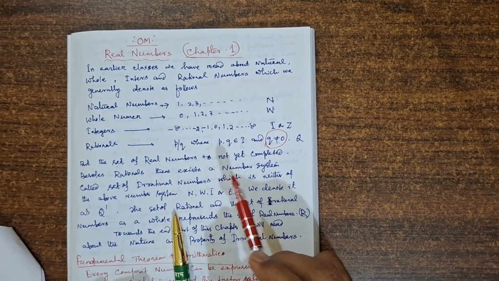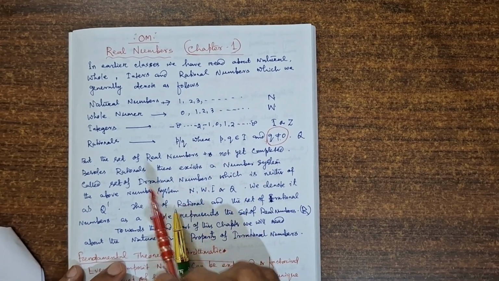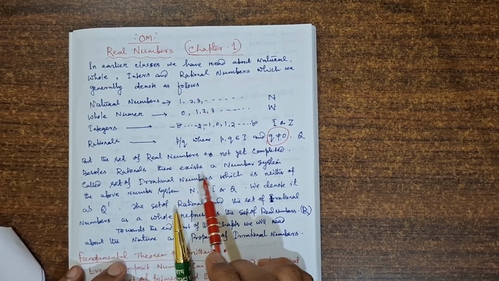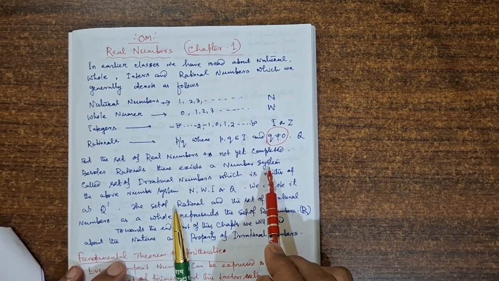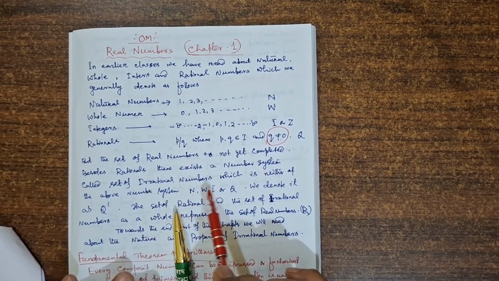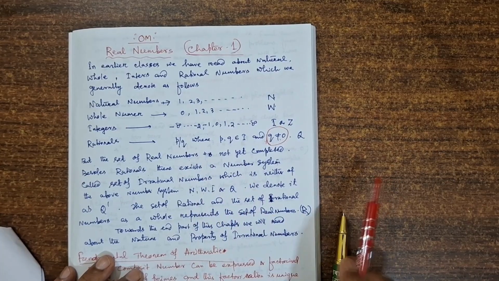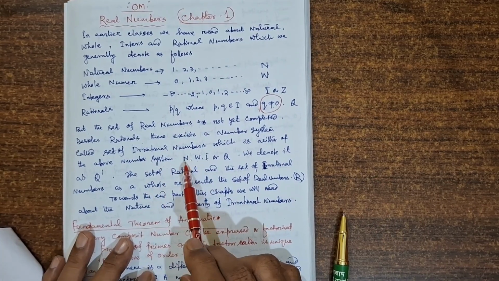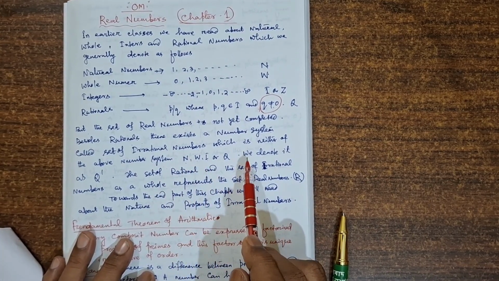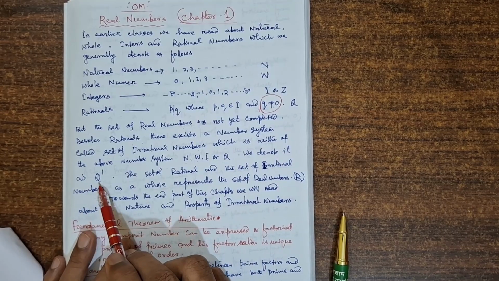But the set of real numbers is not yet completed. Besides rationals, there exists a number system called the set of irrational numbers, which is neither of the above number systems N, W, I or Q. We denote it as Q dash.